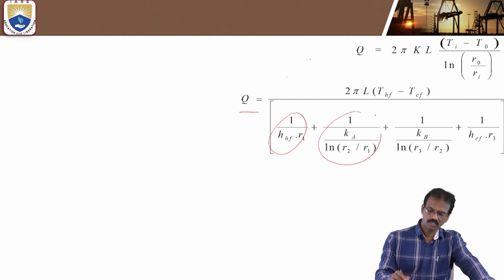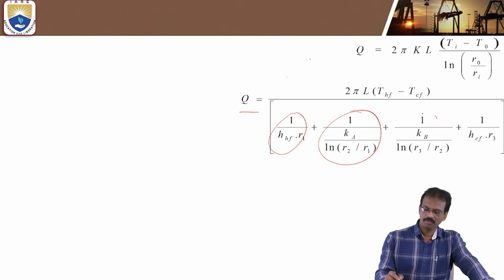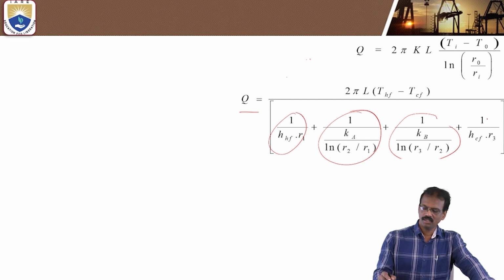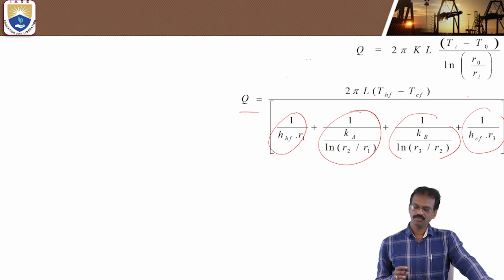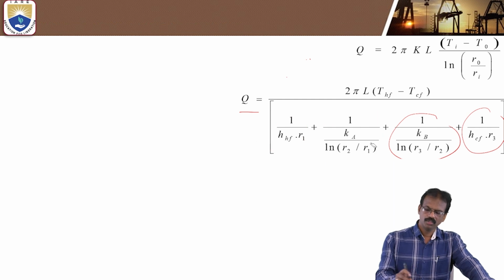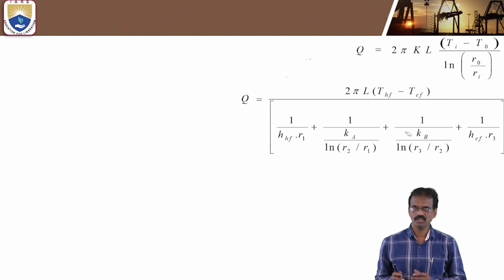This is the thermal resistance based upon the conduction in the first layer. This is the thermal resistance based upon the conduction for the second layer, layer B. This is the thermal resistance based upon the convection from the outer surface of the last layer to the atmosphere. So we can refer to those things. By using these formulas, you can solve different numericals given in the question bank.